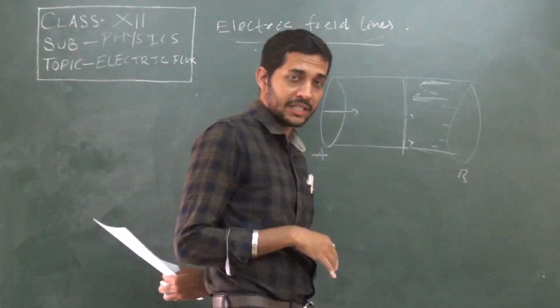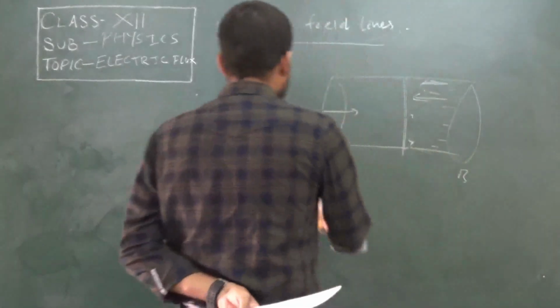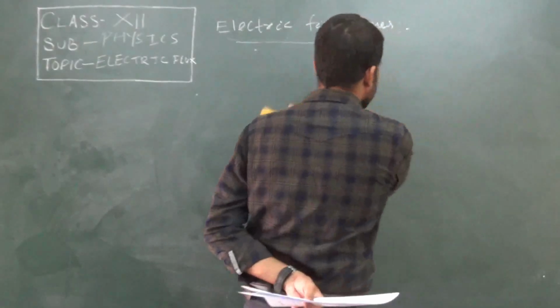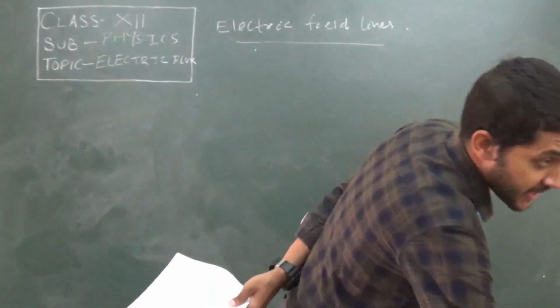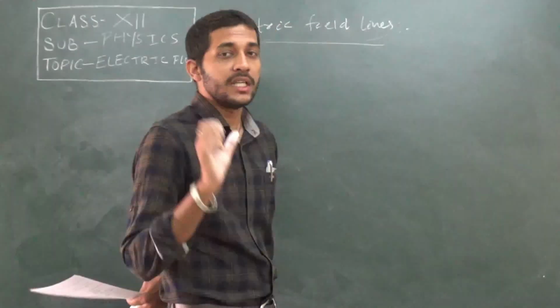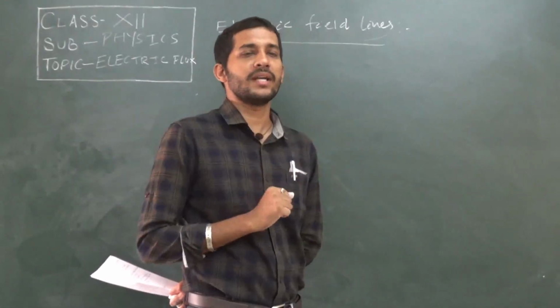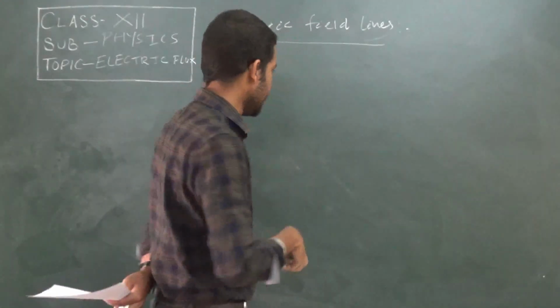But the same thing is happening in case of lines of forces also. Lines of forces are of 2 types. It can be crowded or it can be spread out. When I am saying crowded, it means in a small space, the number of lines of forces is higher.